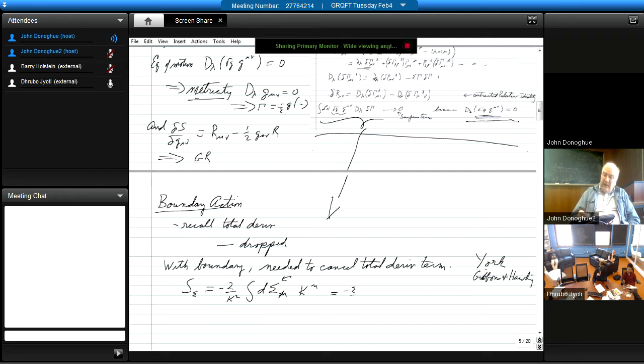Or sometimes you just see this written as minus 2 over kappa squared integral d3y, some K. So d sigma, the boundary, is described by d3y times the normal. This is the normal to the surface.